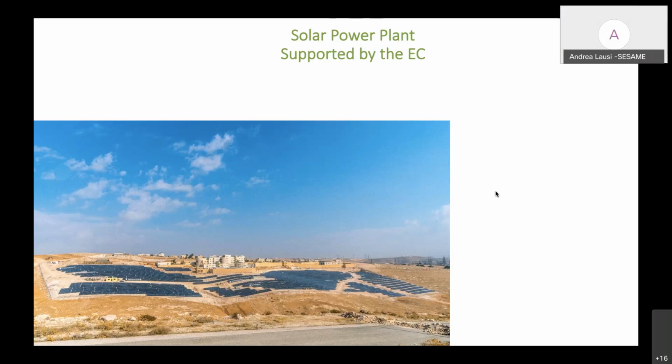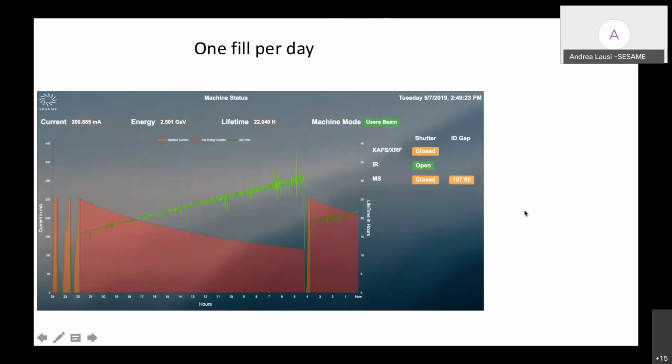We left yesterday with the news that SESAME is the only advanced light source which is fed by a solar plant, the EU actually. So what we do with this, we inject every day.